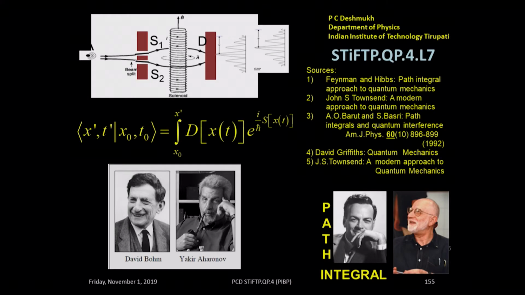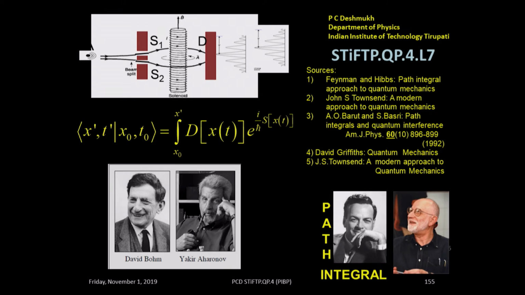In the Aharonov-Bohm effect, we have these particles, as you see in this picture, entering the double slits, two slits, and they would generate an interference pattern.